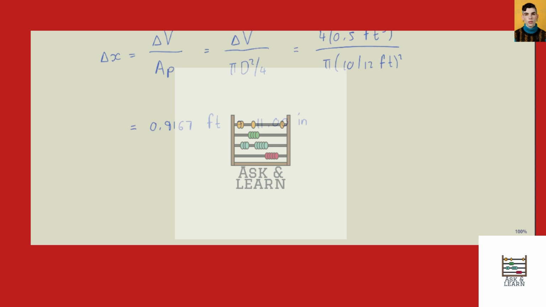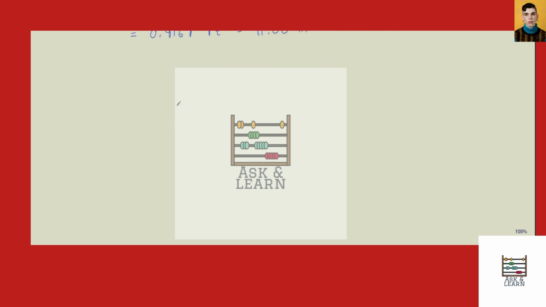So now that we have this distance, we can calculate the final pressure. The final pressure, P2, is equal to P1 minus delta P. So this is equal to P1, and delta P is delta F, the change in force, over the area of the piston, AP.